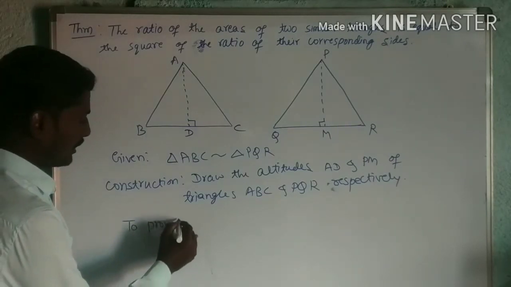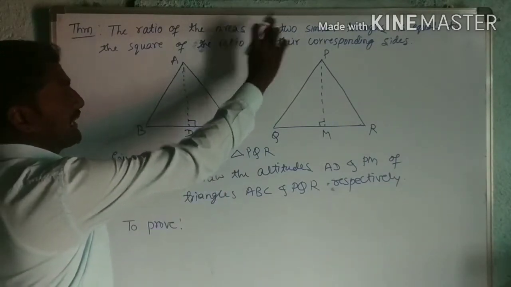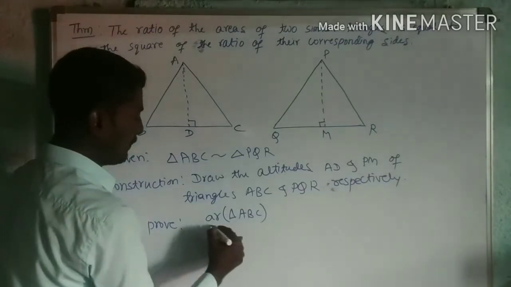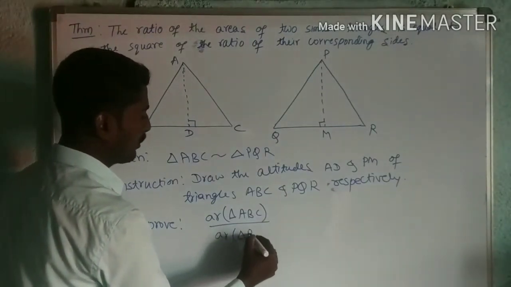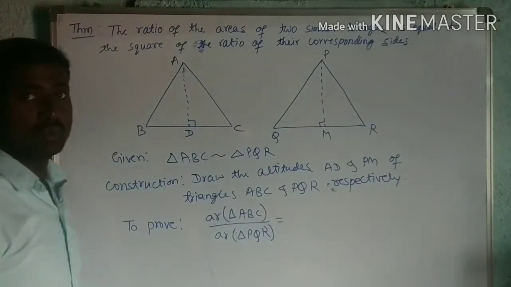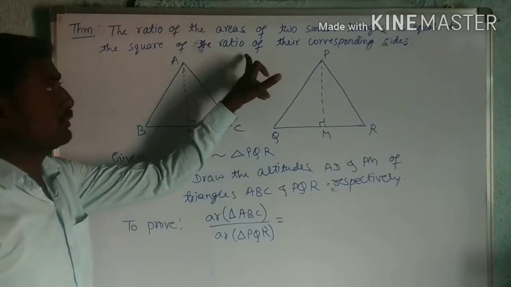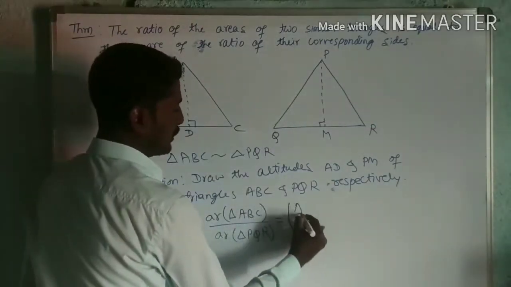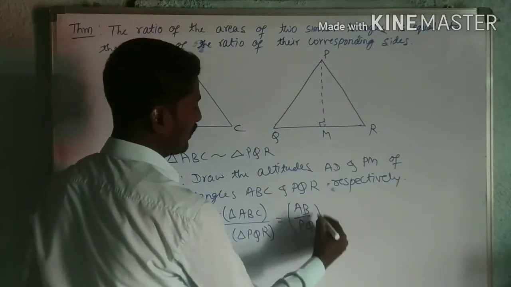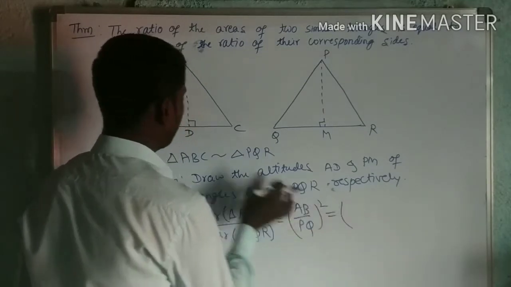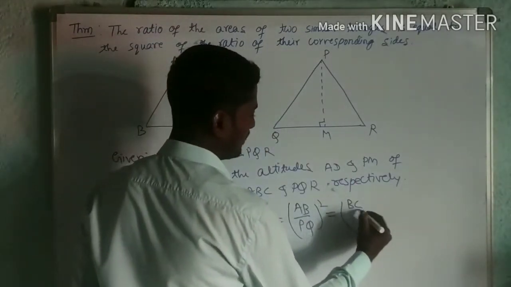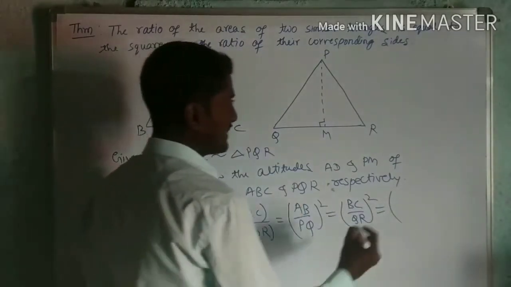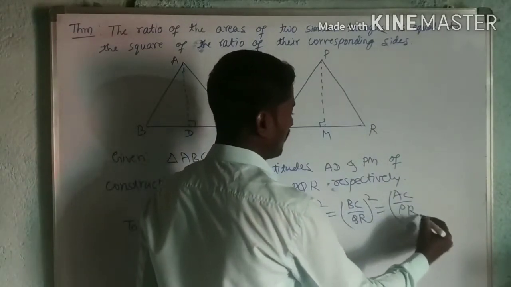What we have to prove here? Ratio of areas of two similar triangles: area of triangle ABC divided by area of triangle PQR is equal to the square of the ratio of their corresponding sides, that is AB divided by PQ whole square is equal to BC divided by QR whole square is equal to the last side AC divided by PR whole square.